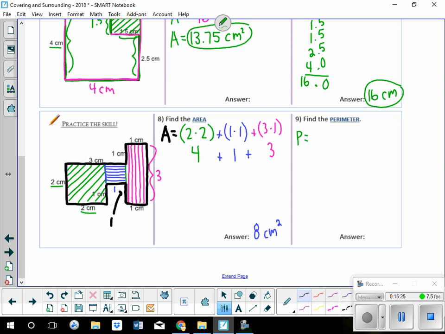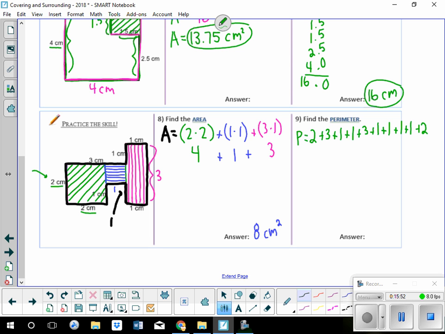So I have 2 plus 3 plus 1 plus 1 plus 3 plus 1 plus 1 plus 1 plus 1 plus 2. Let me make sure I have 10 sides here. 1, 2, 3, 4, 5, 6, 7, 8, 9, 10.